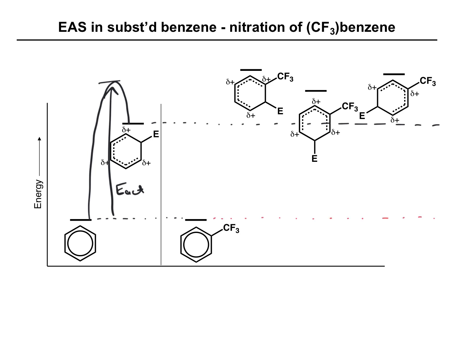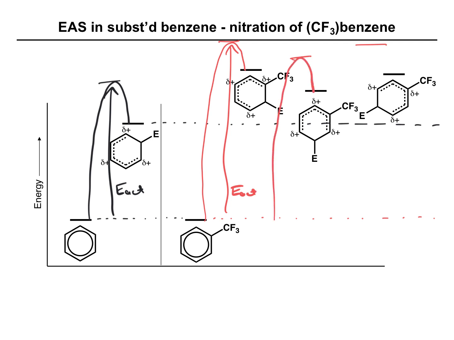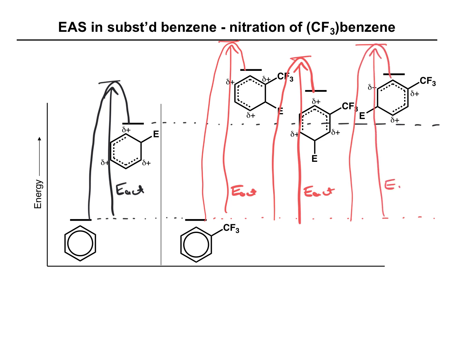If we consider the activation energy leading to each of these, so here we have the transition state, and then looking at the reaction progress, here is the activation energy. Here is the reaction progress, and so this is the activation energy. And here is the last one, and here is the activation energy.